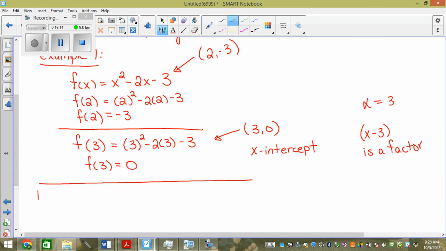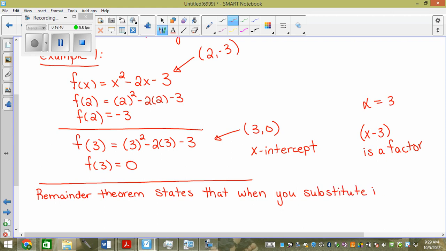Now, the remainder theorem states that when you substitute in an x, your output y is the remainder.